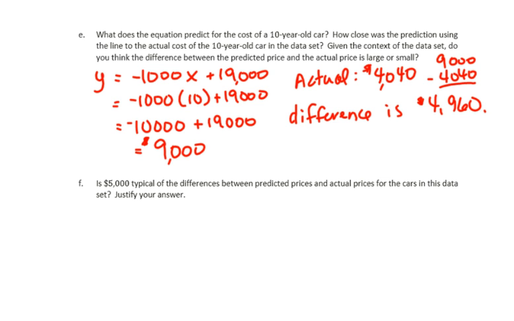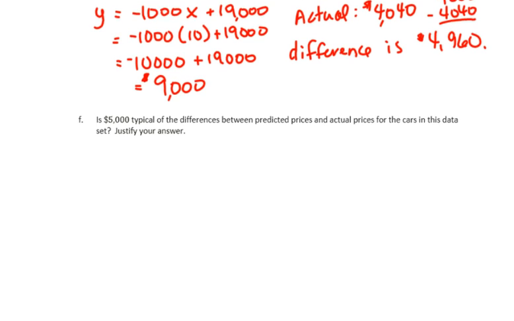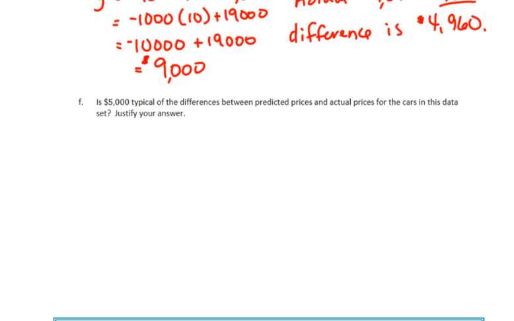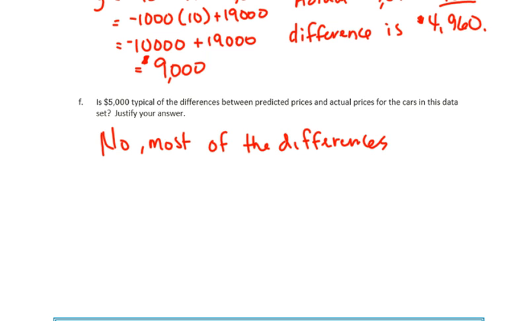Is 5,000 typical of the differences between predicted and actual? No, because this one is farthest away. Most of the differences would be smaller. Remember, all the other points were closer to the line.